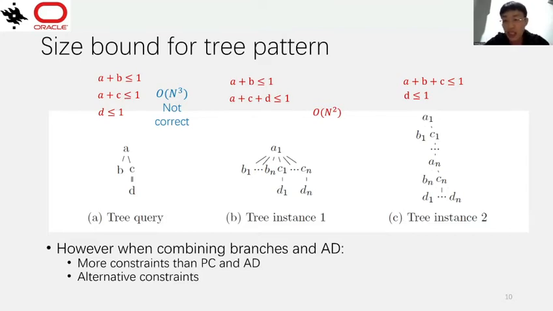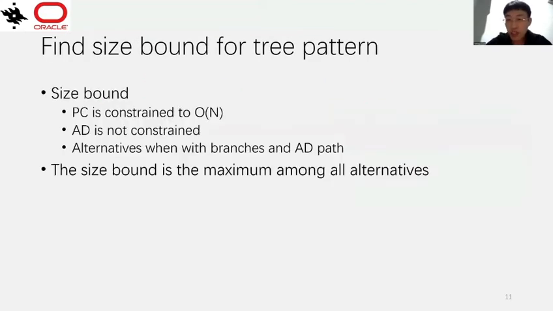The reason is that when we have branches and AD paths, they conflict when both generate n squared results. So the size bound becomes an alternative. That means the worst case instance can be constructed in different ways. So the first contribution is that we can find the size bound for tree patterns.